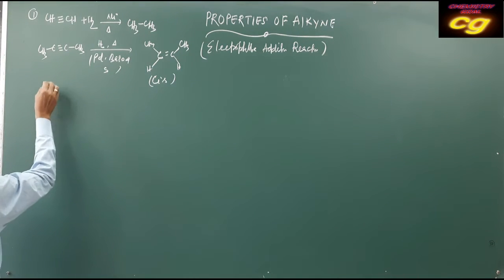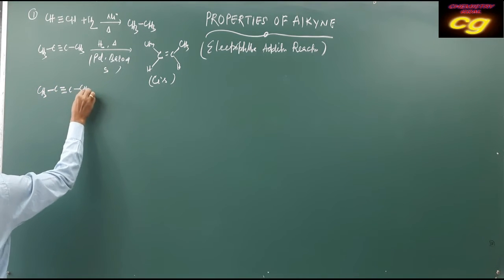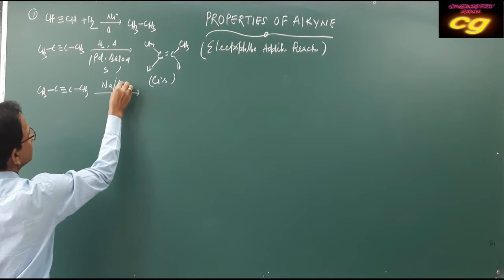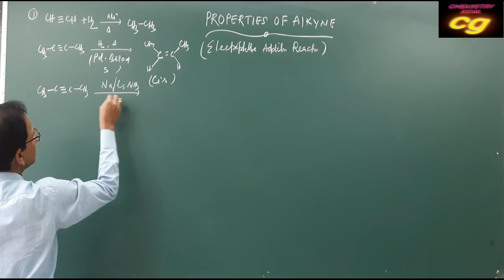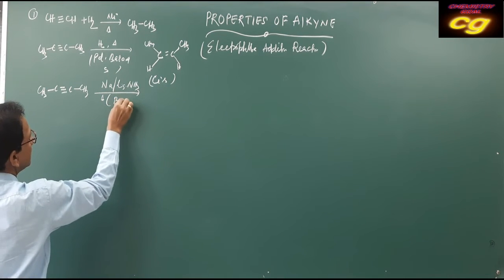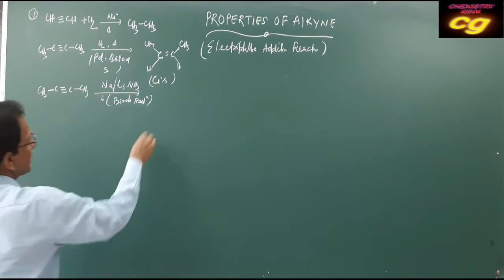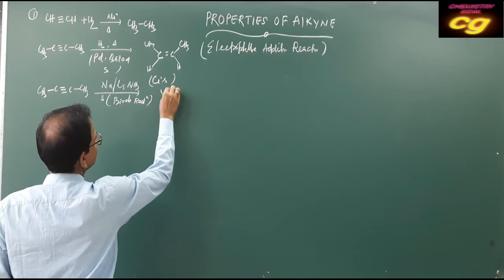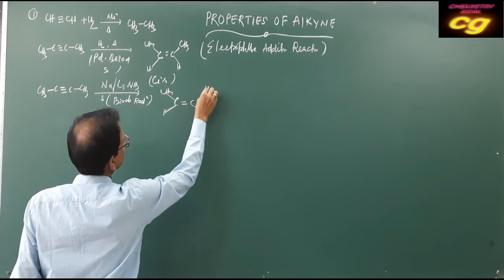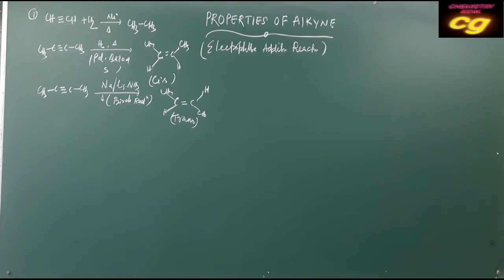And if the same compound is treated with sodium and liquid ammonia, this is called Birch reduction, and the result is trans. Okay, so remember these two.